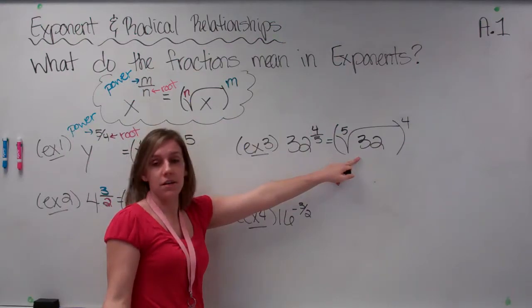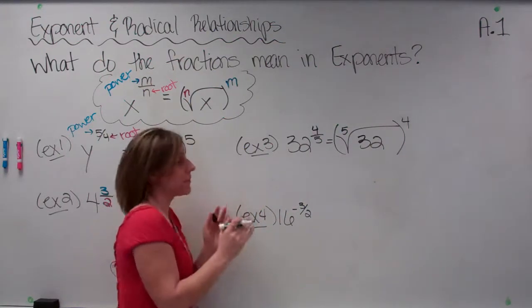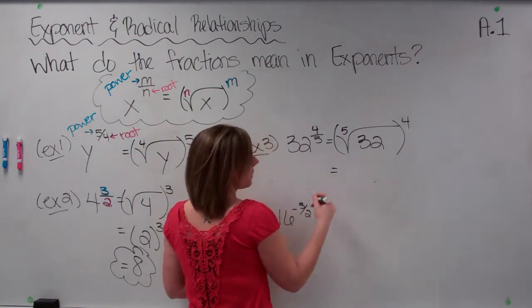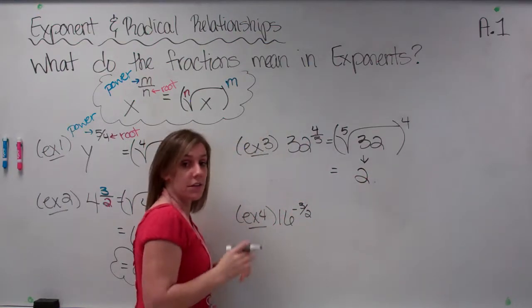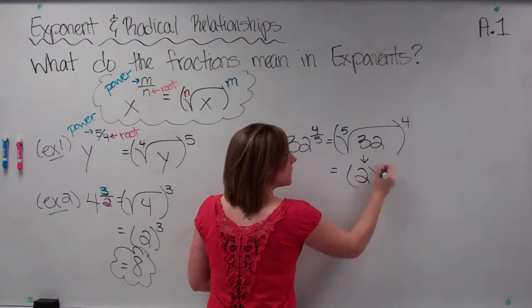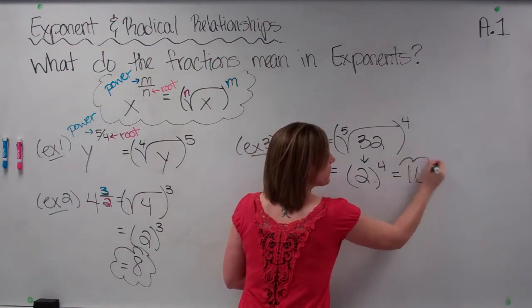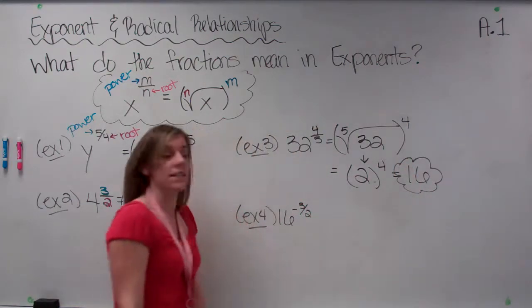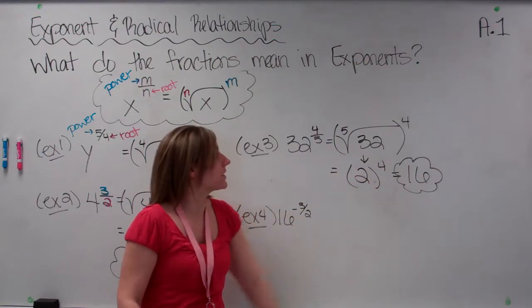Well, you could use your calculator, or just how many of the same thing do you multiply 5 times? Because I use roots all the time, that is the number 2. Okay, 2 times 2 times 2 times 2 times 2. And then this 2 is taken to the 4th power, so that simplifies all the way down to 16. 2 to the 4th, 2 times 2 times 2 times 2, that gives us 16.